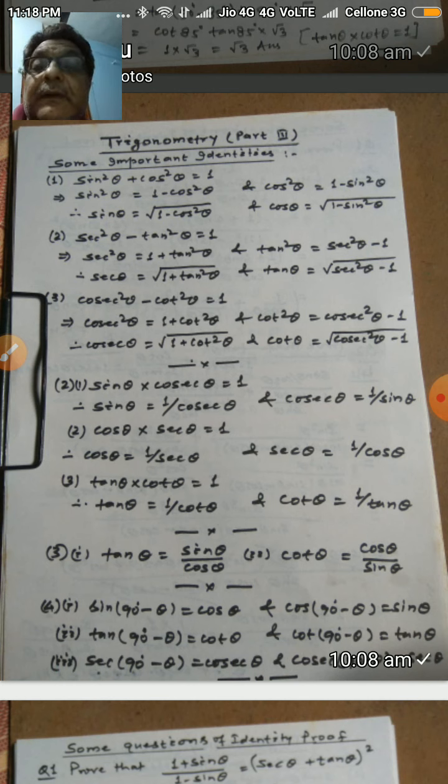Before this video for class 10, we have seen trigonometry part 1 and trigonometry part 2, and now we are discussing part 3. First of all, we will list the important identities which will be helpful in solving the questions related to proving the following identities.